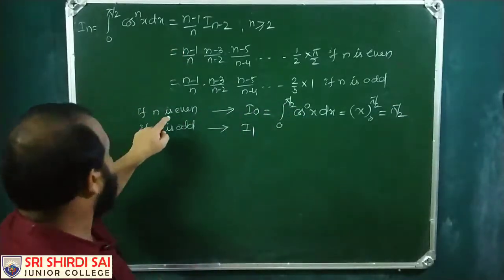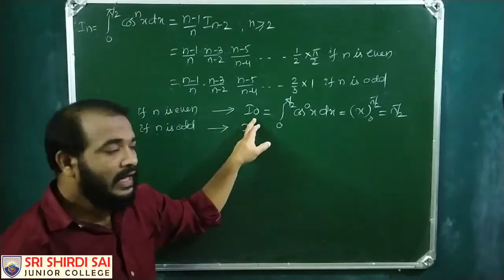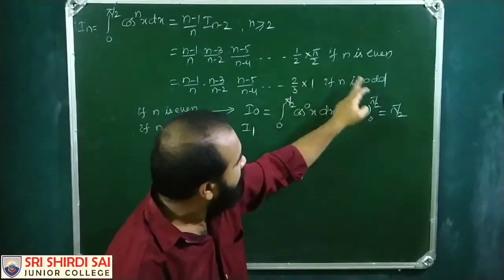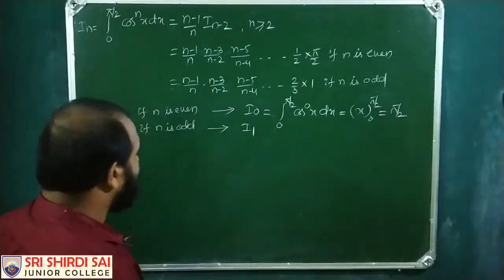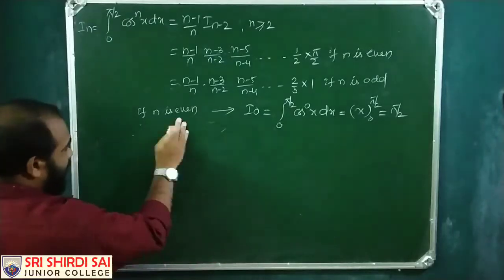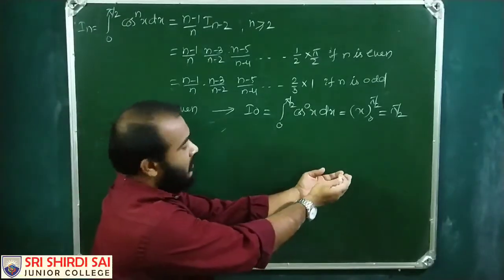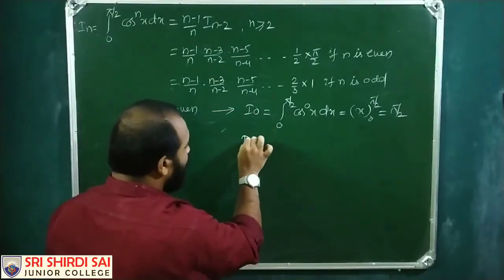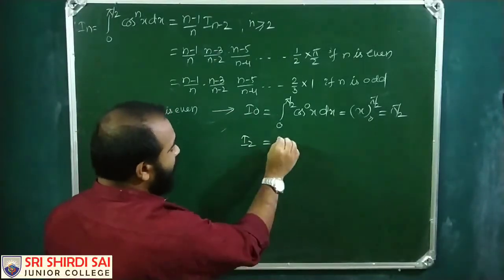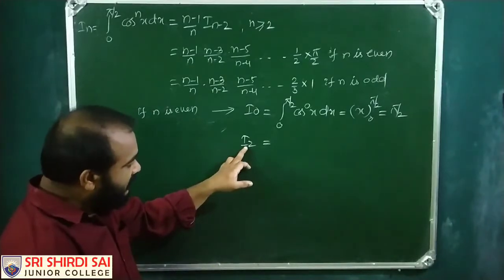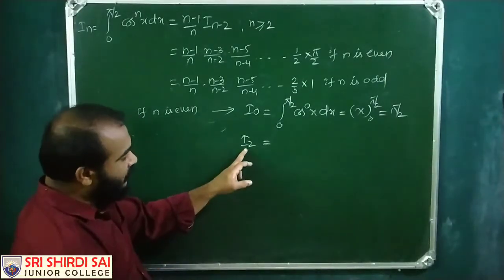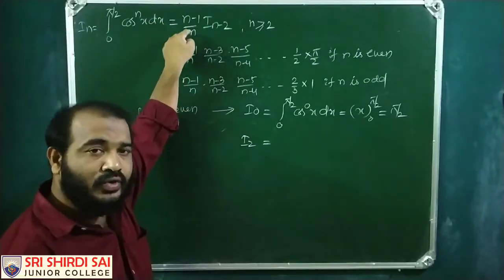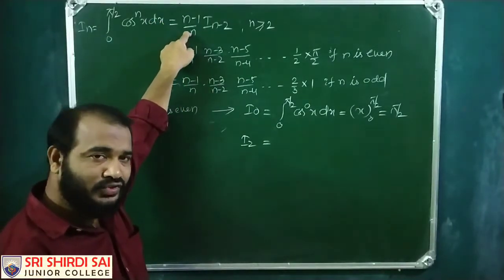So if n is even, we end up with I naught, and this I naught value is pi by 2. If we are interested in finding the value before that, that will be I2. Since this is 2, this reduction formula can also be used for n equal to 2.